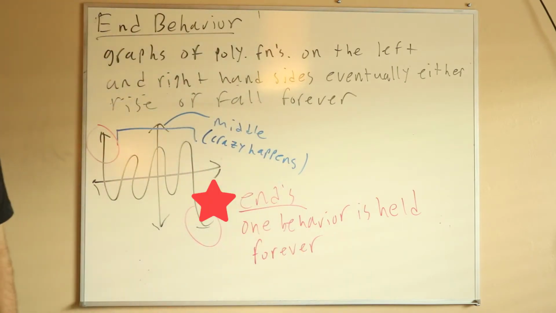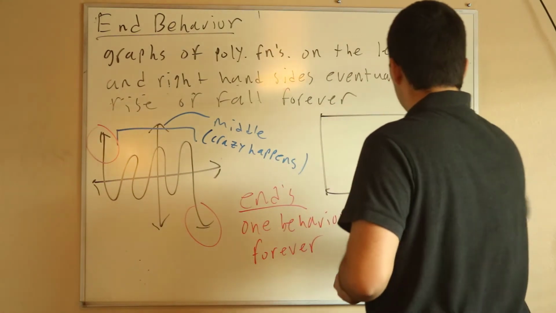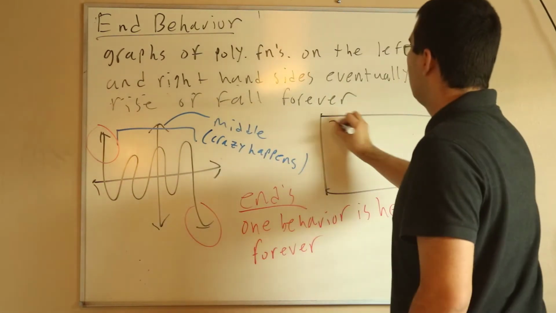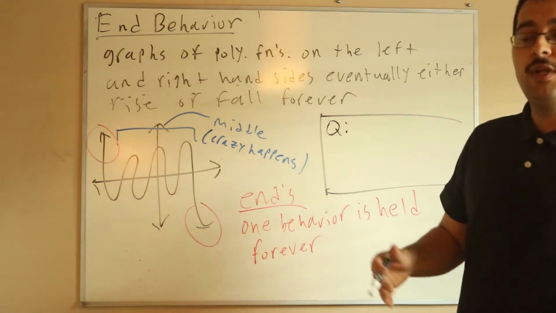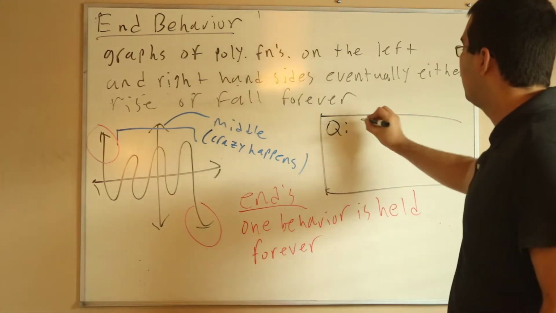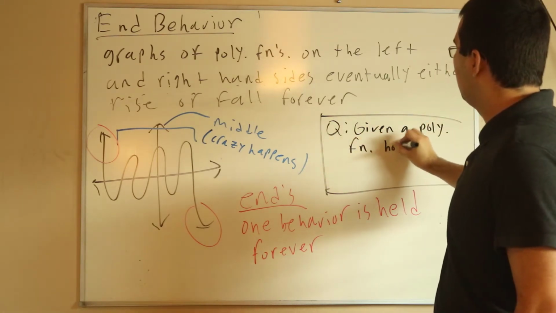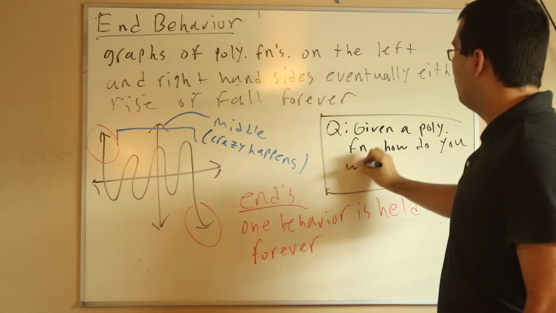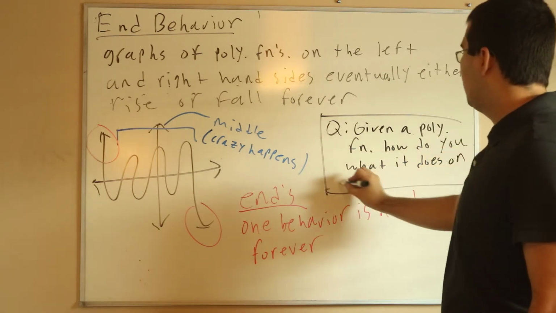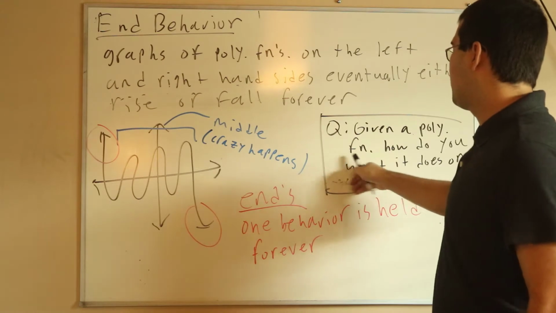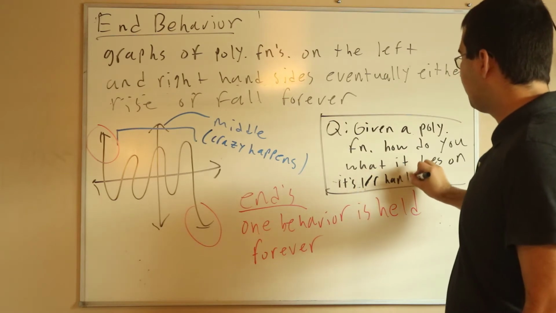Now the obvious question to ask at this point is, given a polynomial function, how do you know what it does on its left and right hand sides?